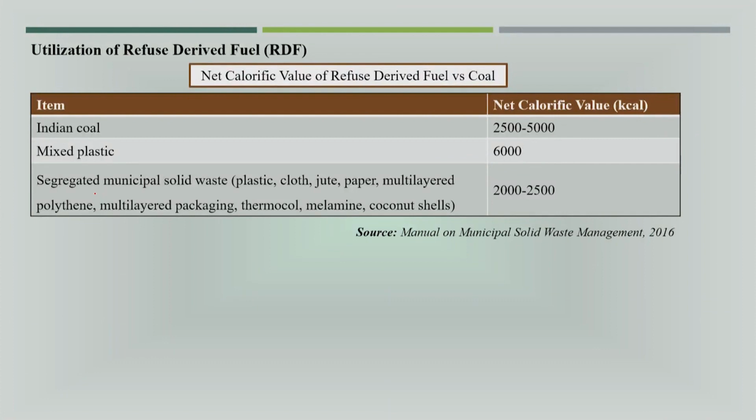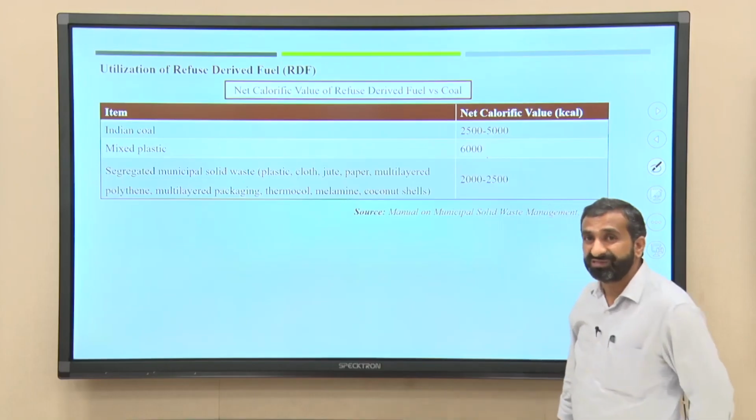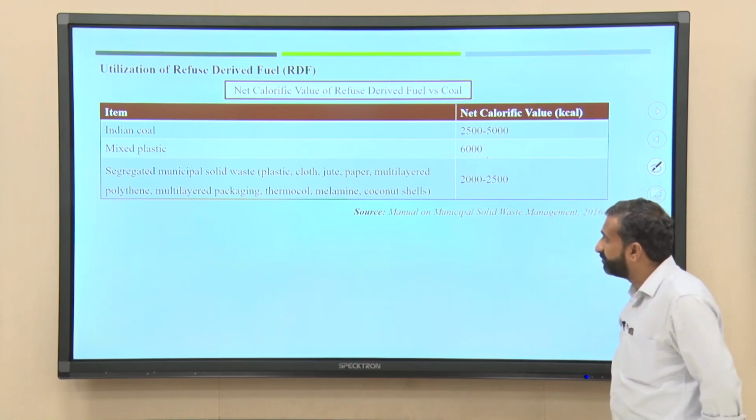So, you can see here the net calorific value of refuse derived fuel versus coal. Indian coal has a net calorific value of 2500 to 5000 kilocalorie per kg. Mixed plastic is very high, 6000, but the problem is that more polluted flue gas will be produced.